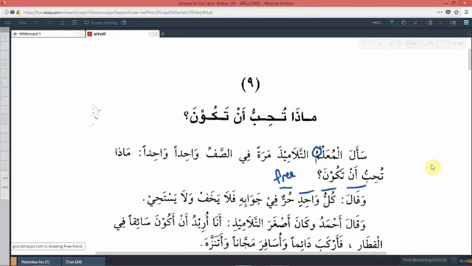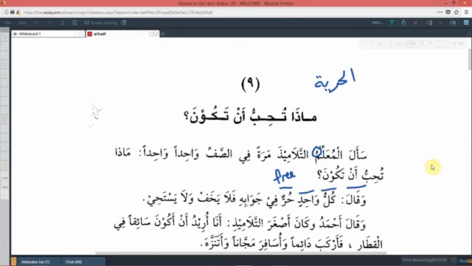Like in the West, they promote al-hurriya, freedom, right? Freedom to do whatever you want, they say, except worship Allah properly, right? حر. وكل واحد حر. Everyone is free.